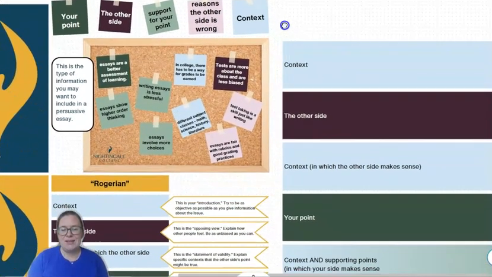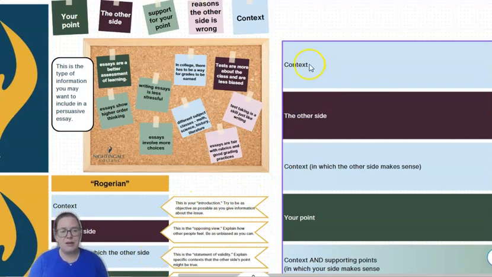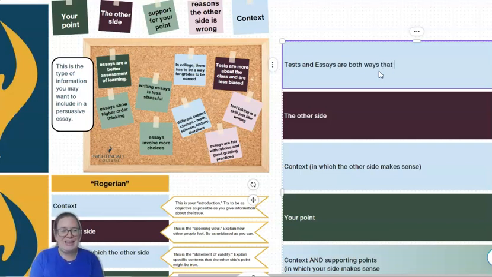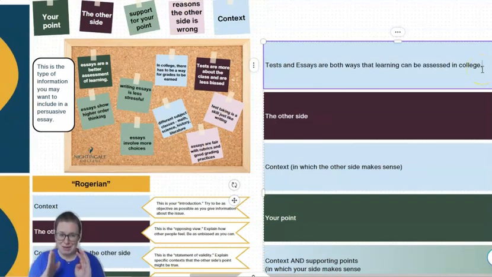All right. So in this first section, my introduction, in Rogerian, I'm trying to be as objective as possible in this part. So tests and essays are both ways that learning can be assessed in college. That's pretty objective.